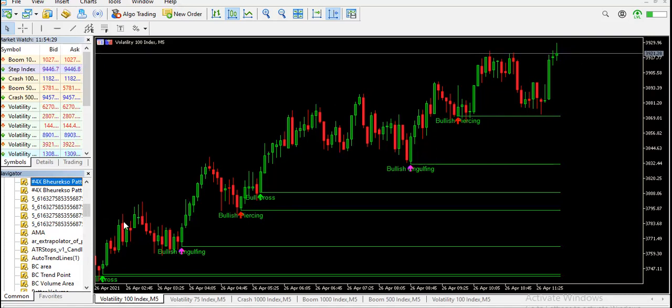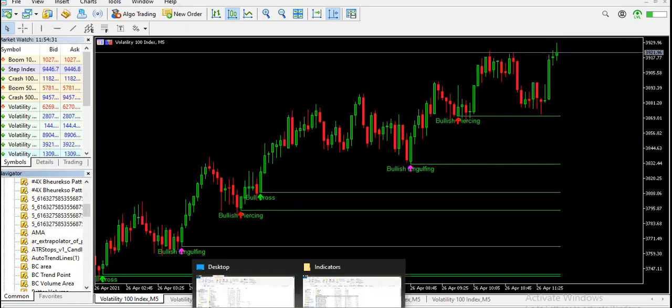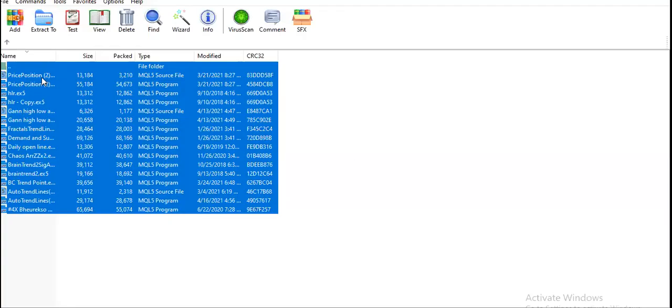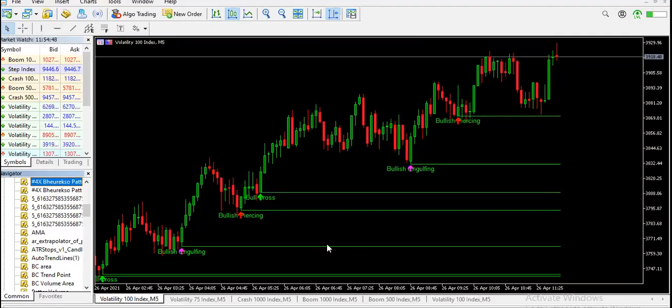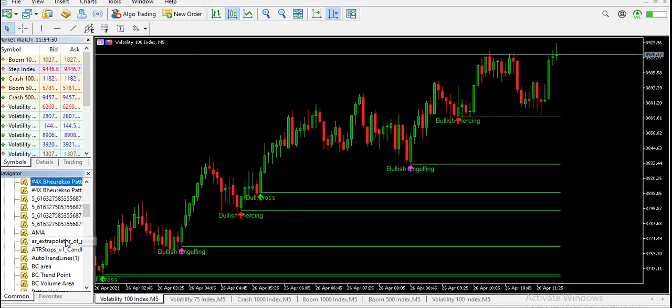All right. So the second indicator that we have on the software is the price action, the price position. So you put in the price position, you put in the HLR, put in the GAN, you put in the fractal, and all of them are very important, okay? So I'll show you one by one.